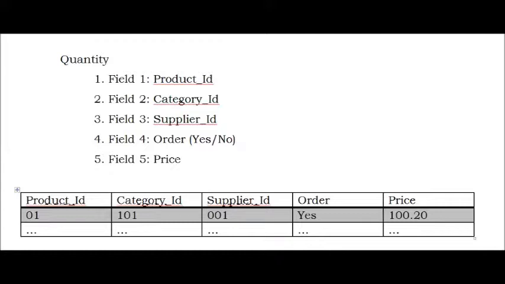Supplier will be the Any Person Market, and as you can see, the order is optional, yes or no. So we choose yes because there is no stock left, and the price is 100 pesos and 20 cents because I live in the Philippines.